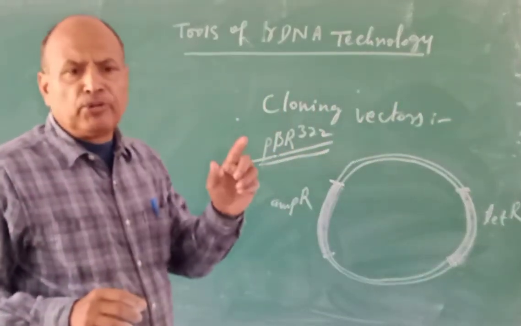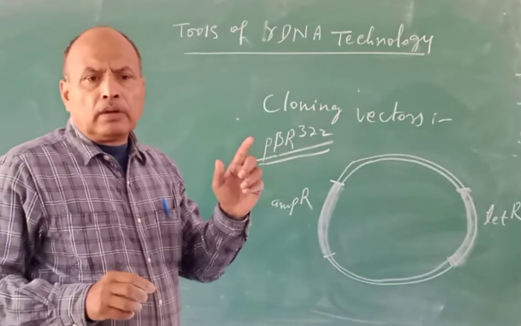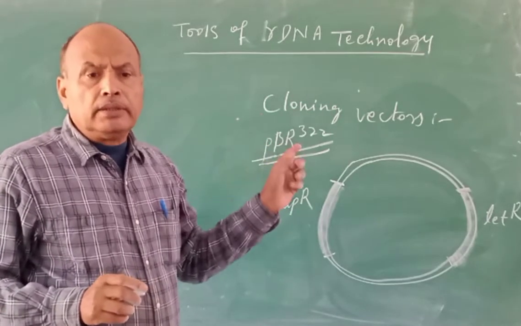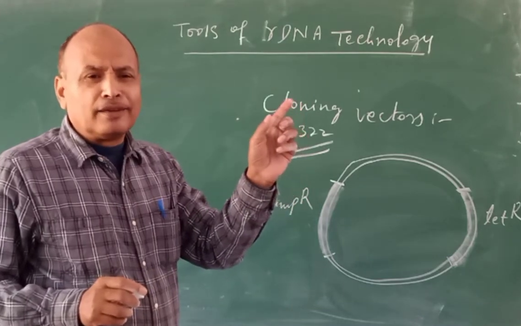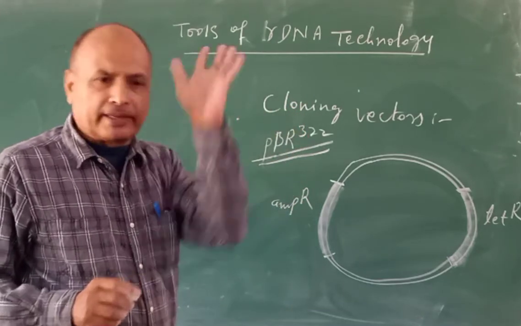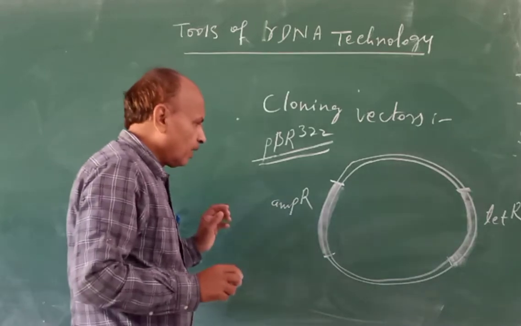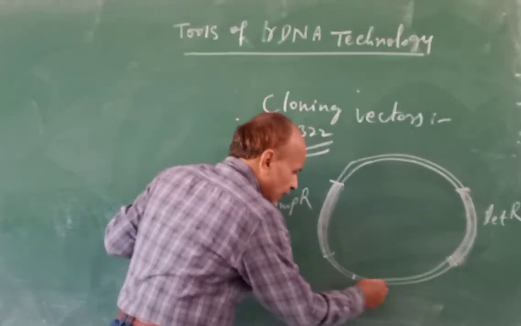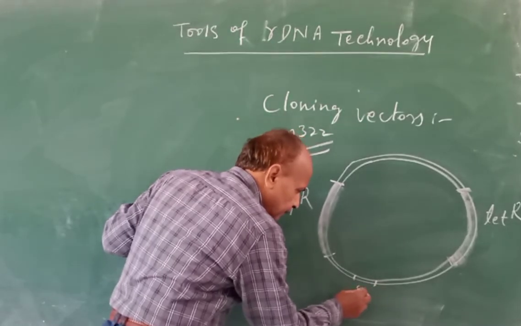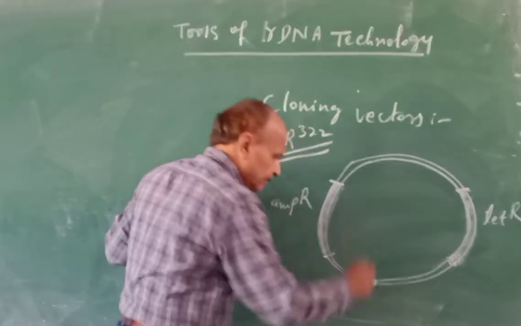I have already told you that these genes are used as selectable markers, right? Besides, इसके अलावा इसमें ओरिसाइट भी होगा। This is ori site.